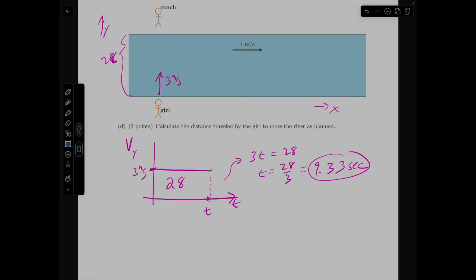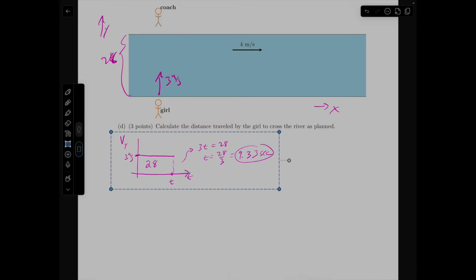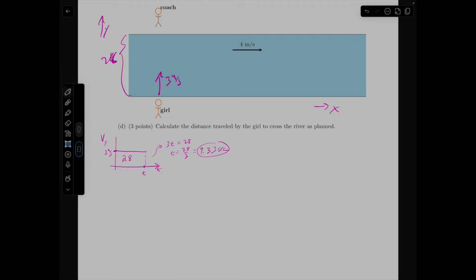Now, let me just shrink this down and leave it up on the screen so we can still see it. Now let's look at what happens in the sideways direction now that we know the time. She has a vector this way of 4 meters per second down the river. So if we draw a velocity graph in the X direction, her velocity is constant at 4, and the time that she's doing that for is 9.33 seconds.